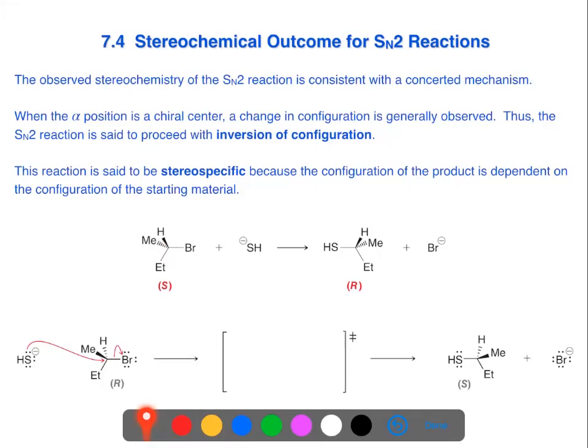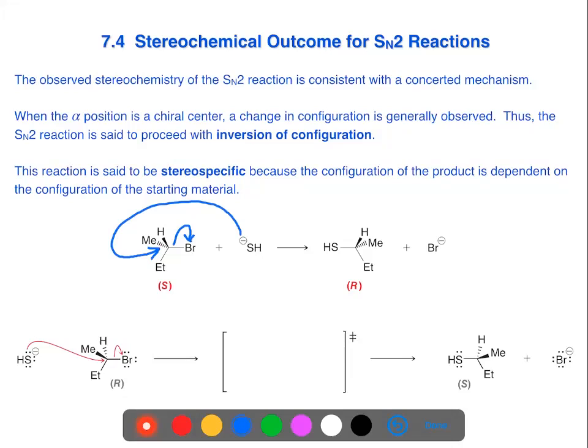And so what we observe is that the configuration of that chirality center changes as we go from our reactant to our product state. So this nucleophile will most likely attack 180 degrees away from the leaving group, and we'll have loss of the leaving group.